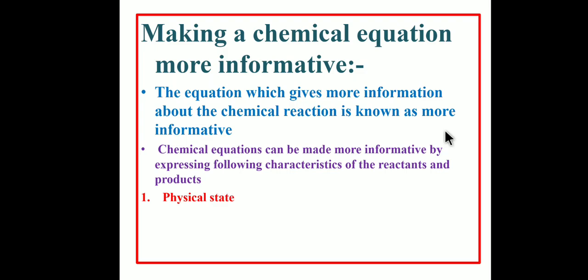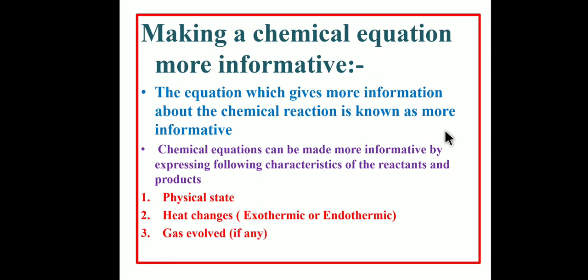By showing the physical state of reactants and products, we can make the equations more informative. The second one is heat changes, exothermic or endothermic. The third one is gas evolved, if any. The fourth one is precipitate formed, if any. By using these four characteristics, we can make the chemical reaction more informative.